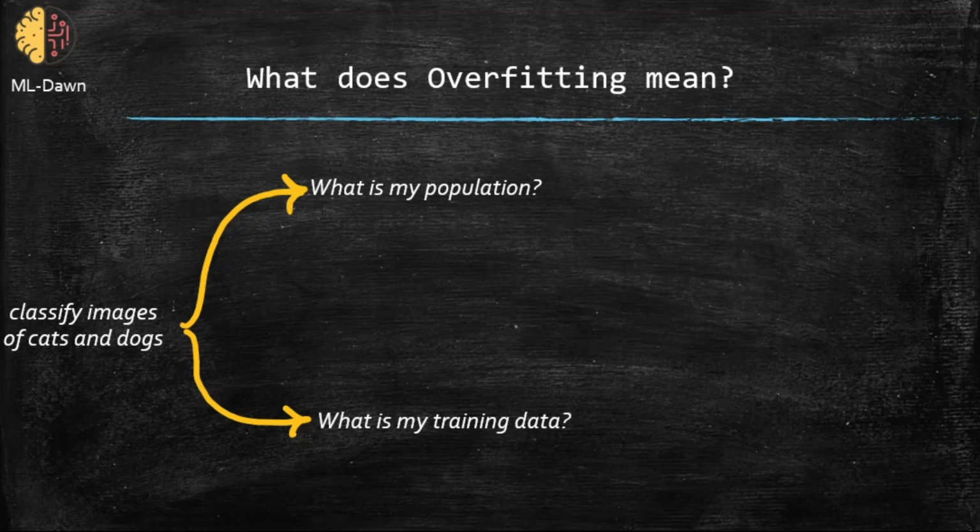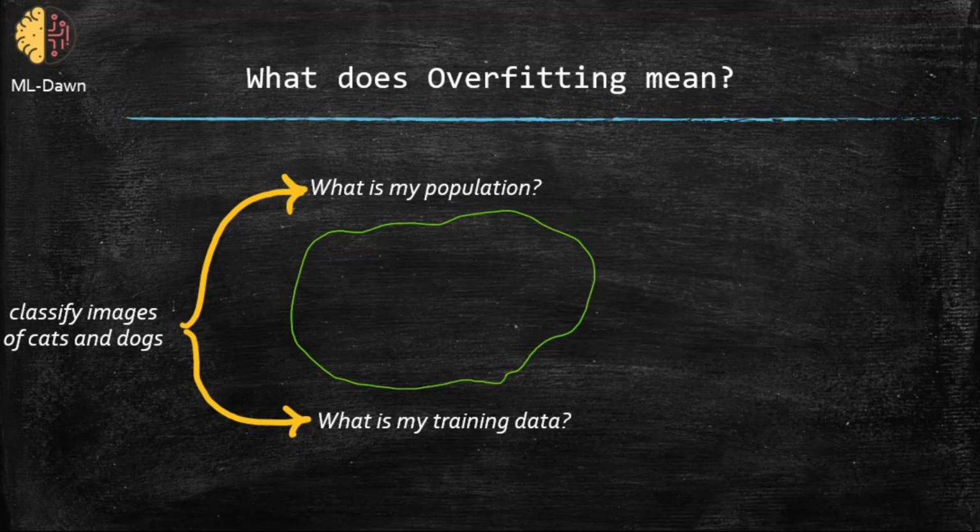Let's be more clear here. Imagine that this big weird shape represents my population. What does it contain?